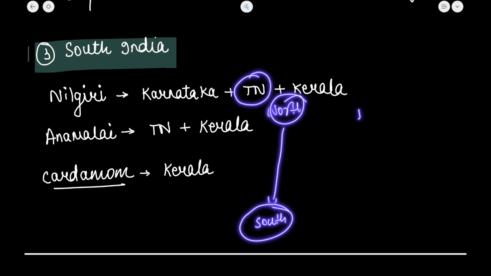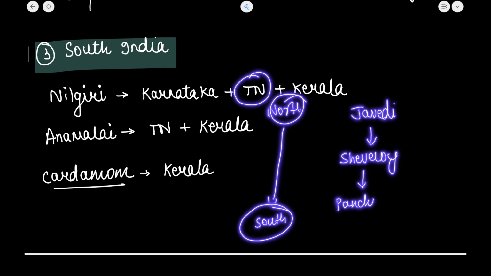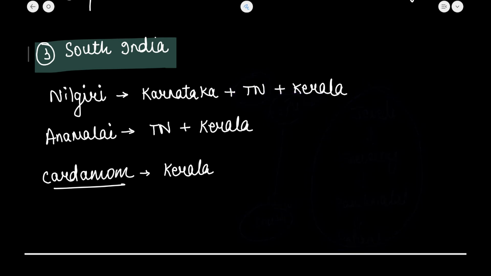Okay, now Javadi Hills is the northernmost, then is Shevaroy Hills. South of Shevaroy Hills lies Panchamalai Hills, and south of Panchamalai Hills lies Palani Hills. Okay, so this is the north to south extension of the hills of the Tamil Nadu. These all points are very necessary and these are very important for you.